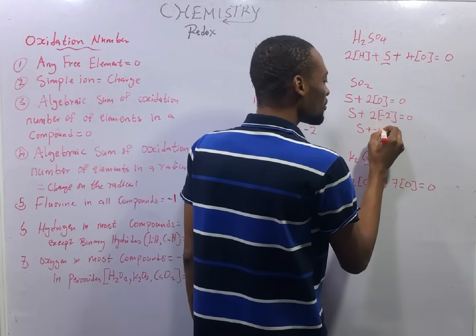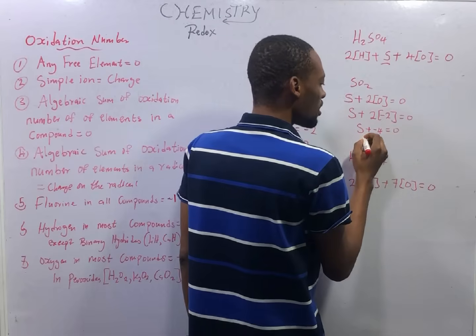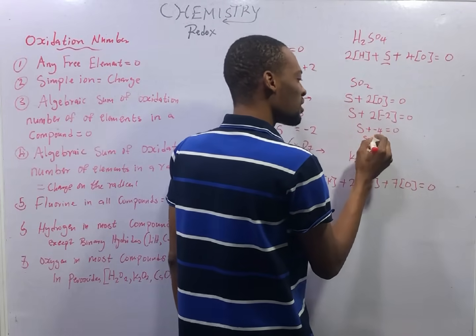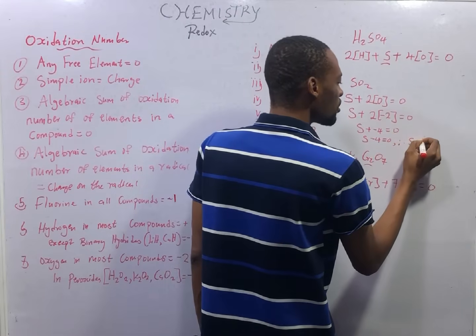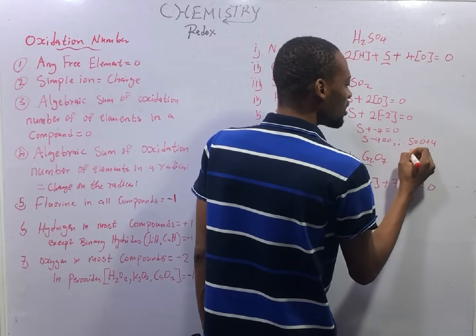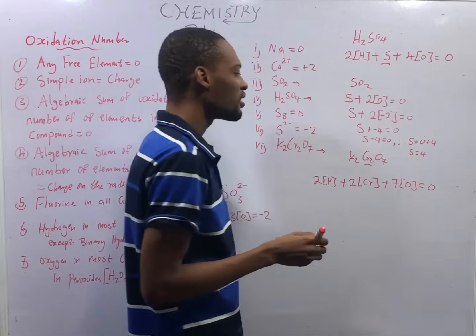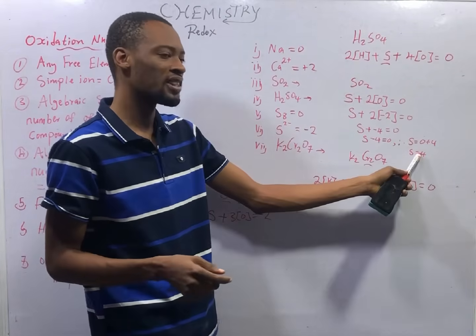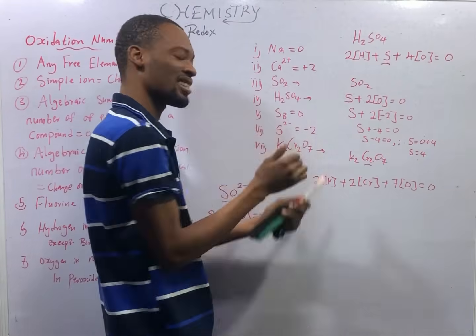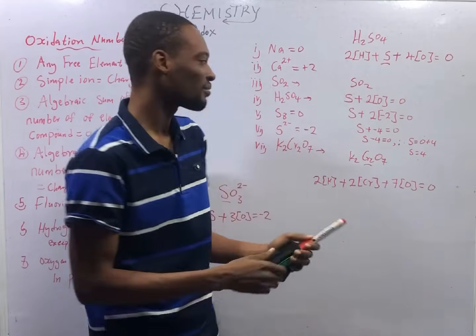S plus -4 is equal to 0. Therefore, S equals 0 plus 4. S is equal to 4. So the oxidation number of sulfur in SO2 is 4. That is why we refer to this as sulfur 4 oxide.